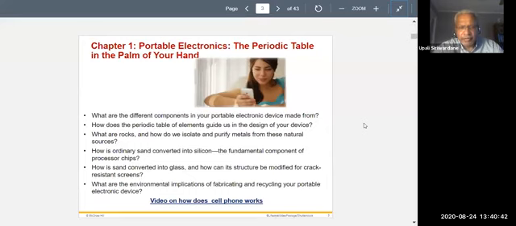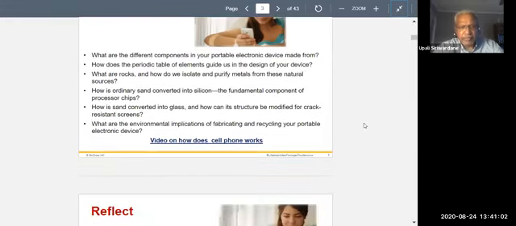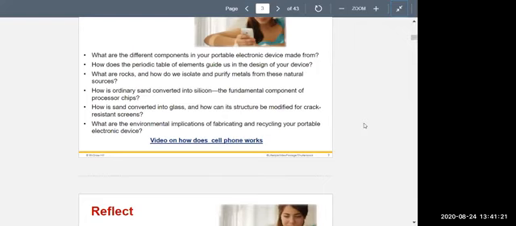For example, the touch screen is made from glass, silica, SiO2, and it's treated with sodium to make it crack resistant. Silica is made from silicon, found in the electronic component of the cell phone, silicon made from sand. Elemental silicon is a fundamental component of power processor chips.